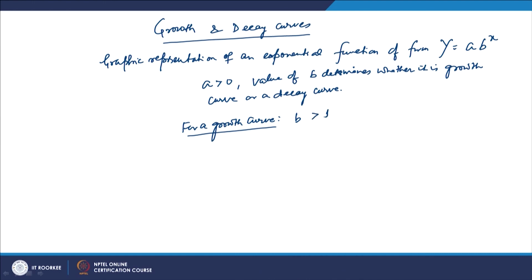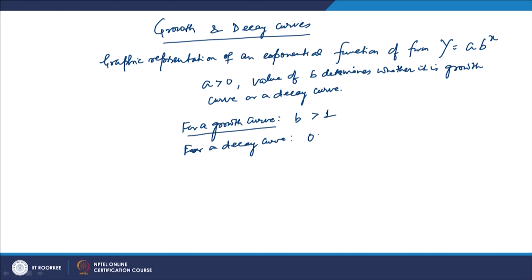Now, for a growth curve, b has to be more than 1, and for a decay curve, this b value has to be larger than 0, but less than 1.